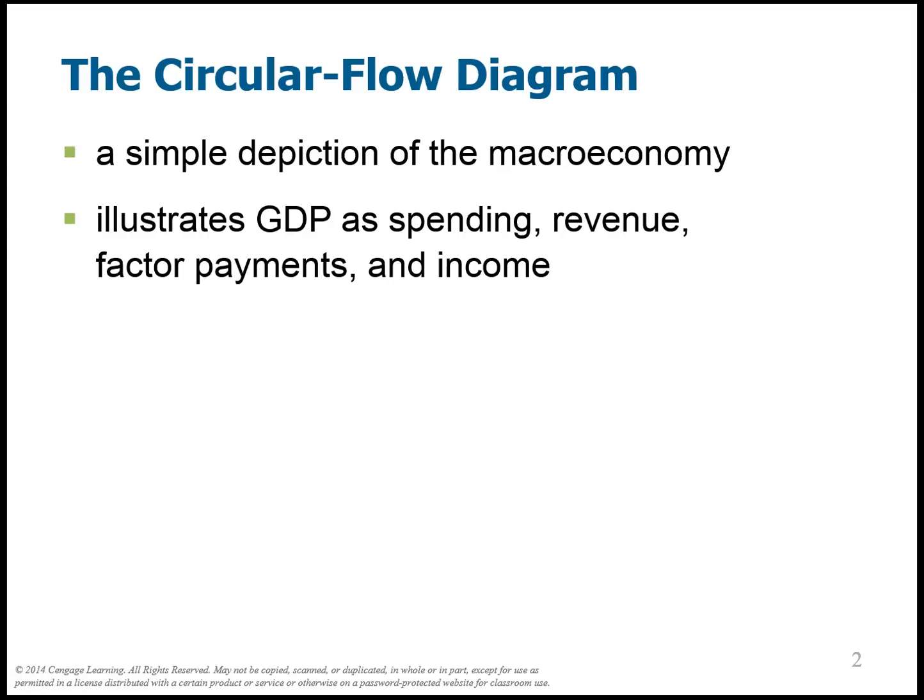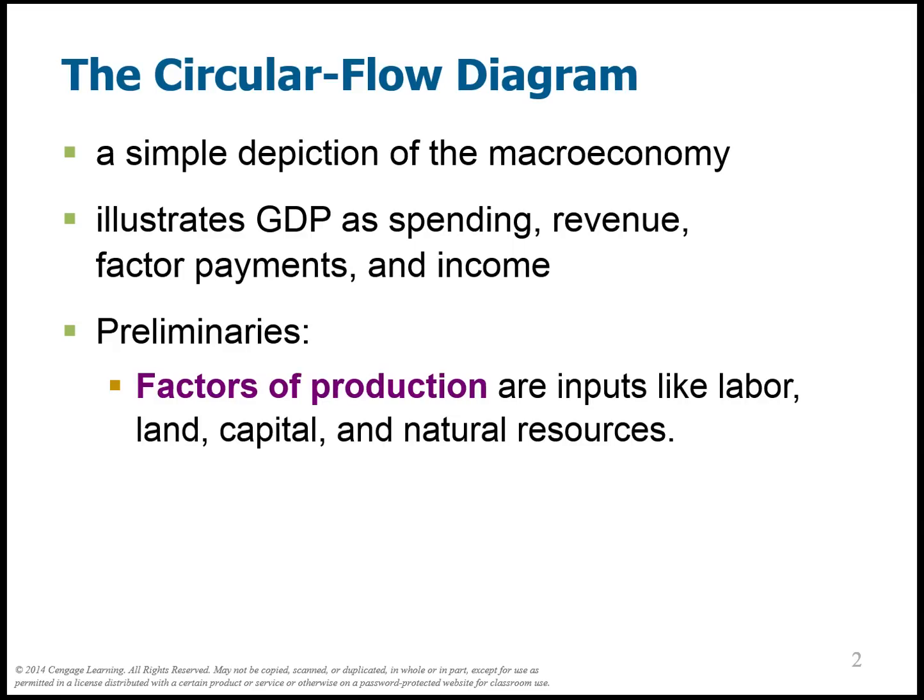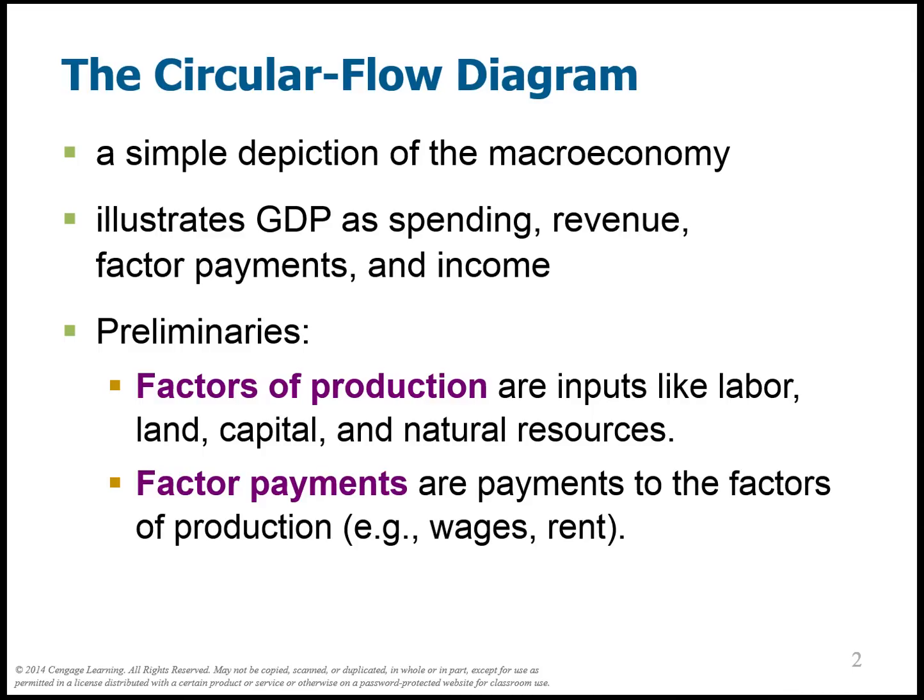It's called the statistical discrepancy when it's not exactly the same. But in case you forget, factor payments are the payments for factors of production. Factors of production are inputs used in the process of production. So we have labor, land, capital, natural resources, and the factor payments are payments for labor or payments for land or capital.